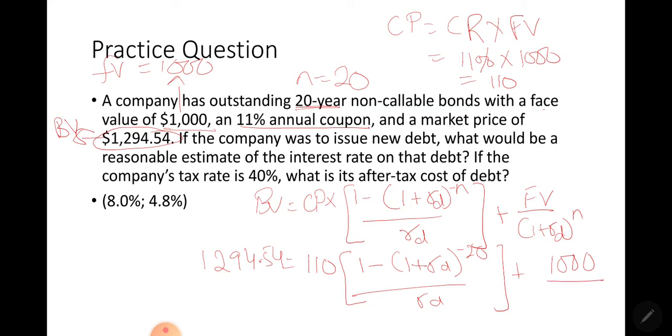Face value was 1,000, 1 plus RD to the power 20. So now there is no way of solving for RD because RD comes at 3 places.